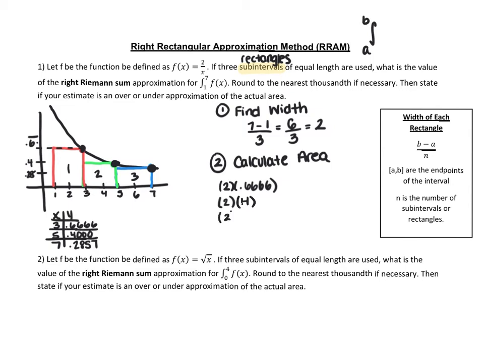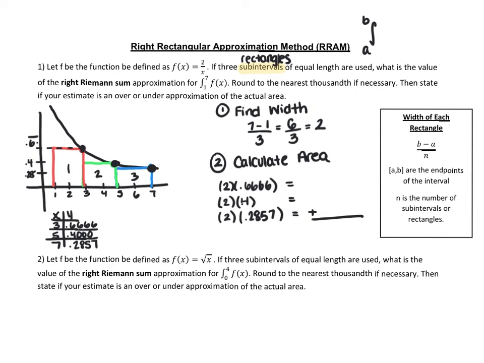And then the last rectangle, my width is 2, and my height is this 0.28, but we're going to go 4 decimals, so 0.2857. So multiply those, multiply those, multiply those, and then we're going to add them up, and that will be our estimate. So go ahead and do that, and then hit resume when you're ready for the answer.